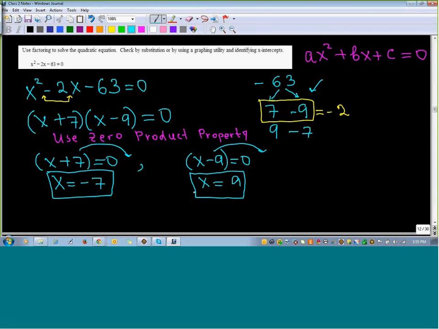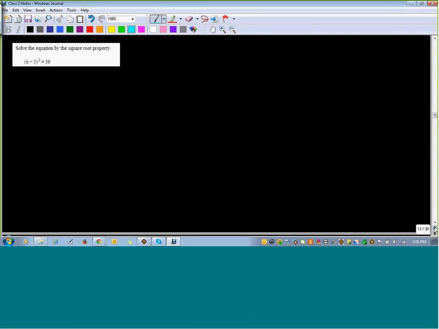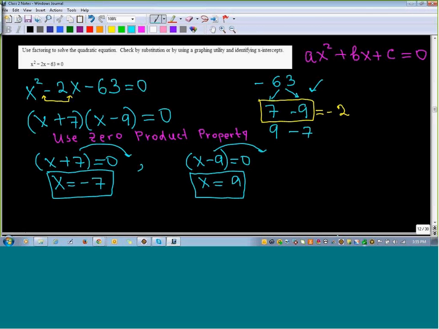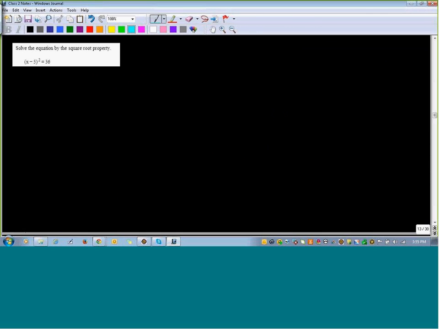Do you think negative 3 works? It works, correct, Brianna, right? Because negative 3 in parentheses squared is also 9.